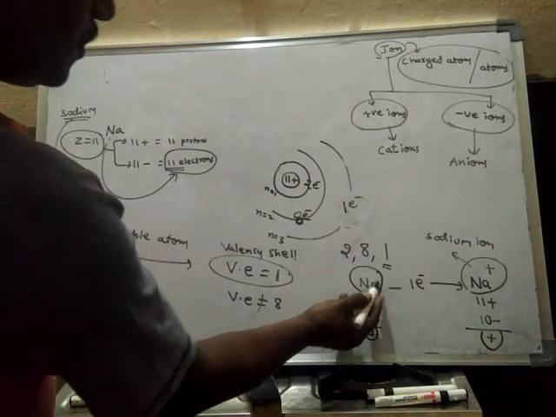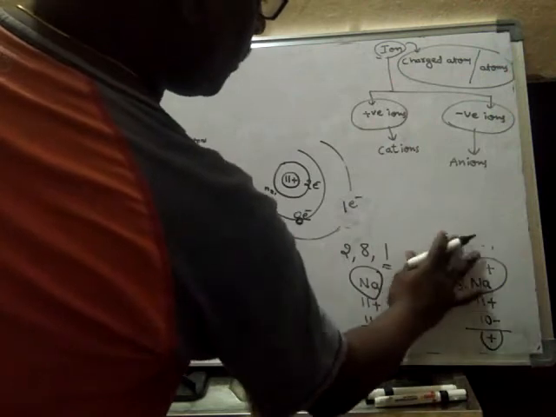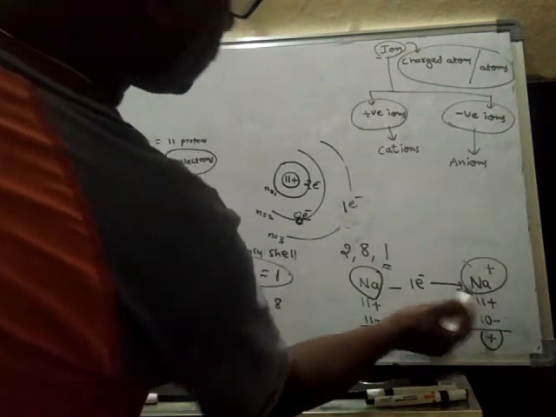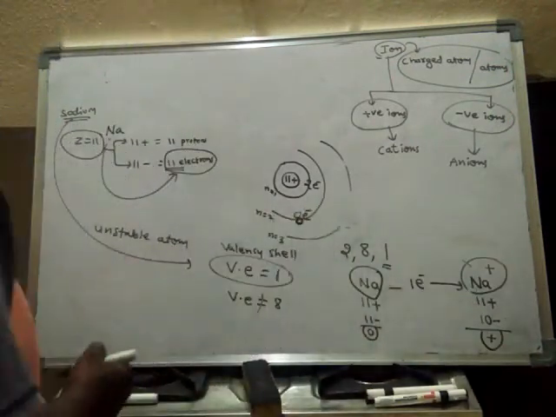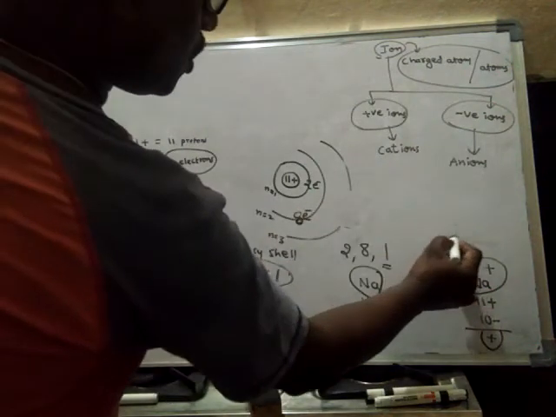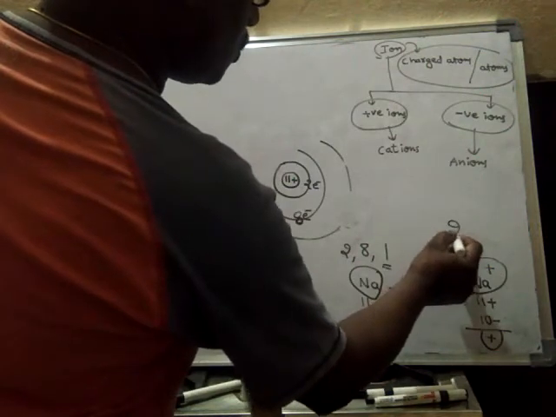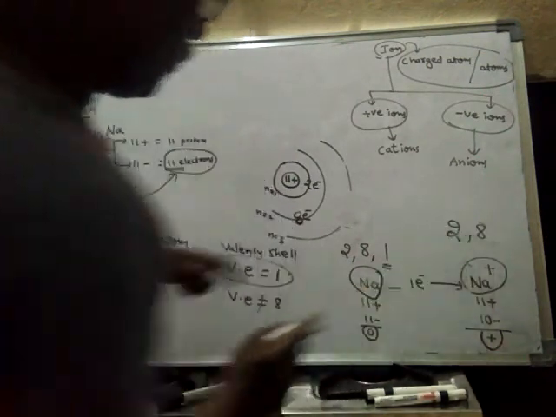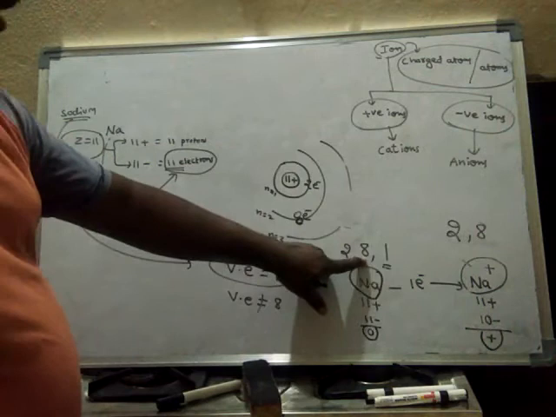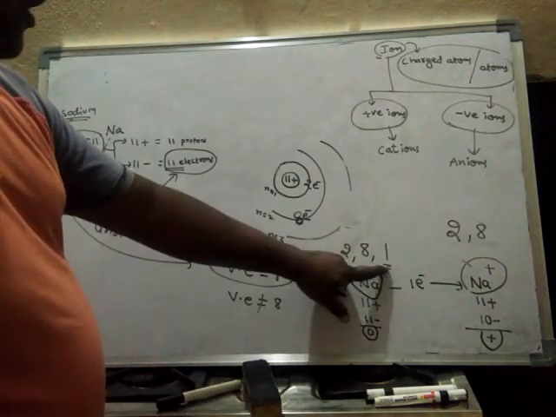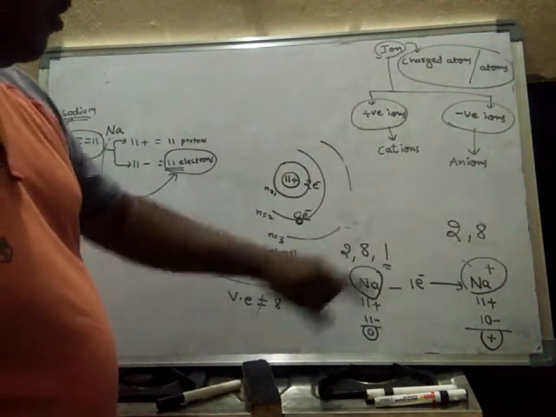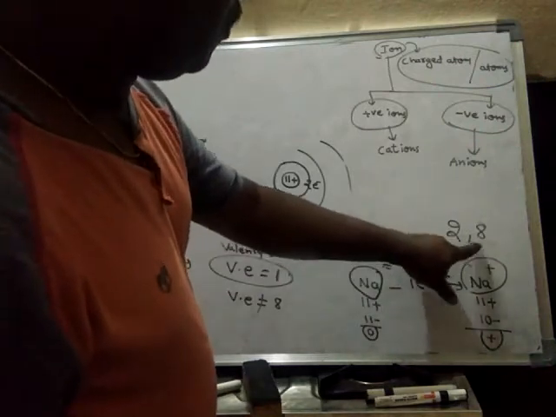Now this cation, the sodium ion, how many electrons does it have? After losing an electron, it has 2, 8. The number of electrons is 2, 8. Before that, sodium had 2, 8, 1. The outermost orbit had 1 electron. But now this is the outermost orbit and it has 8 electrons.